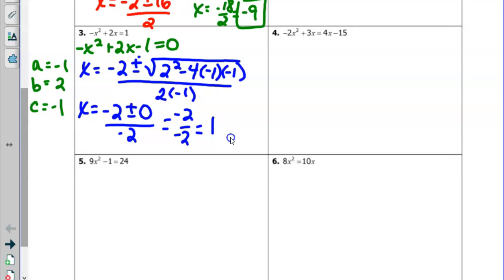Alright, so first we're going to subtract the 24 over. So we get 9x squared minus 25 is equal to 0. What is my a value? 9. What is my b value? It is 0, and that's what I want you to understand about this part. There's no middle term, so it's a 0.